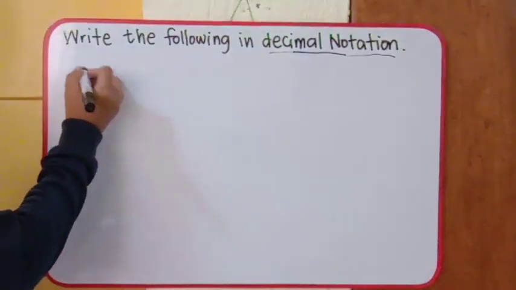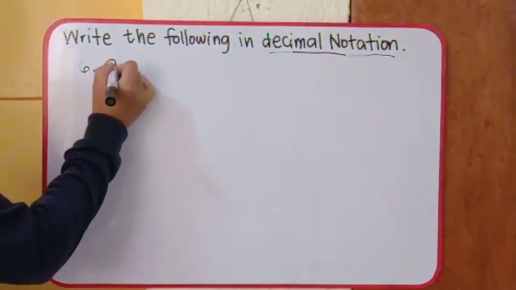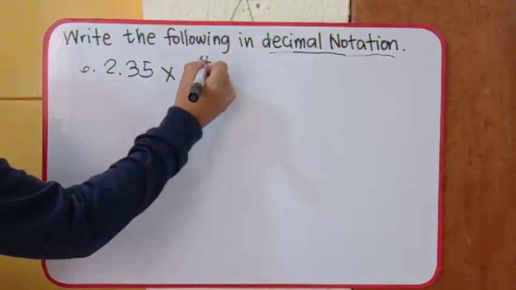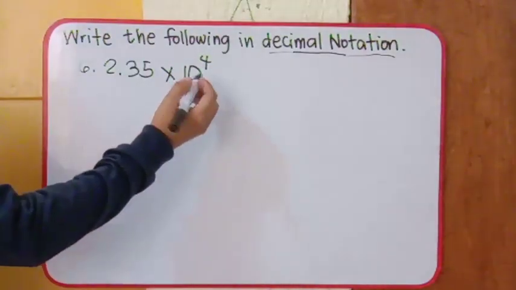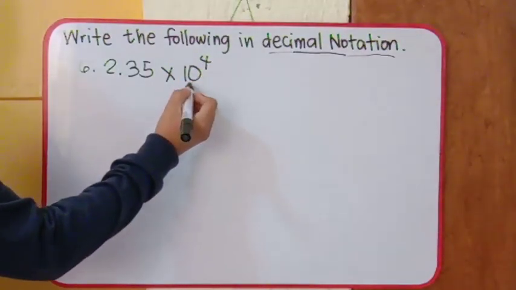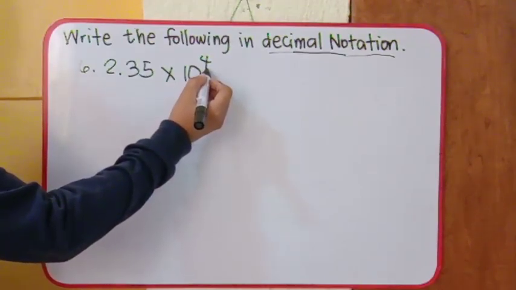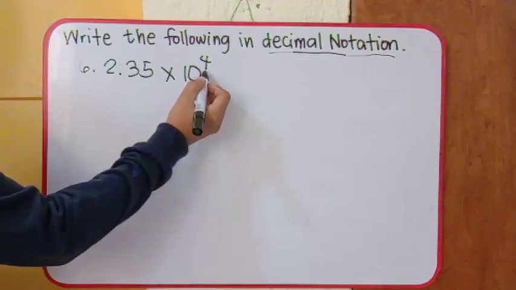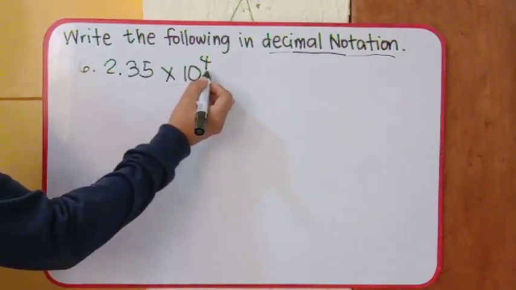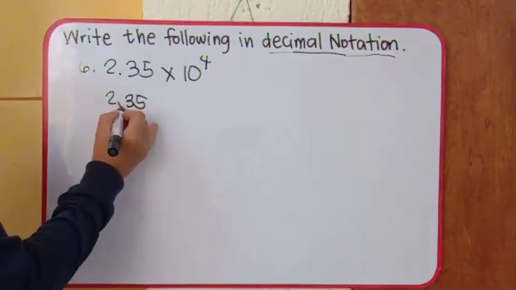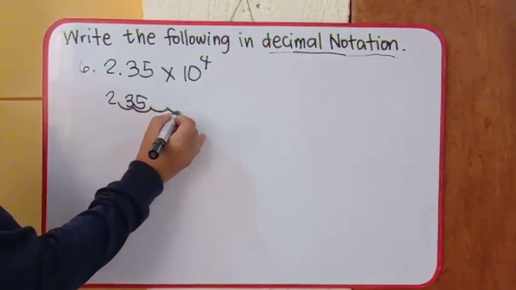Okay, let us have example number 6. We are given 2.35 times 10 raised to 4. So take note again that our exponent in our base 10 is 4 or positive 4. It means that the movement of the decimal point is 4 times to the right. So we have here 2.35. So we have 1, 2, 3, 4.